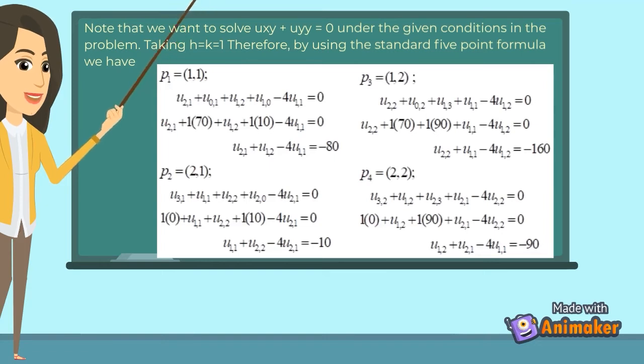For P2 equals (2, 1), we get u(1, 1) plus u(2, 2) minus 4u(2, 1) equals negative 10. For P3 equals (1, 2), we get u(2, 2) plus u(1, 1) minus 4u(1, 2) equals negative 160, and lastly for P4 equals (2, 2), we get u(1, 2) plus u(2, 1) minus 4u(2, 2) equals negative 90.